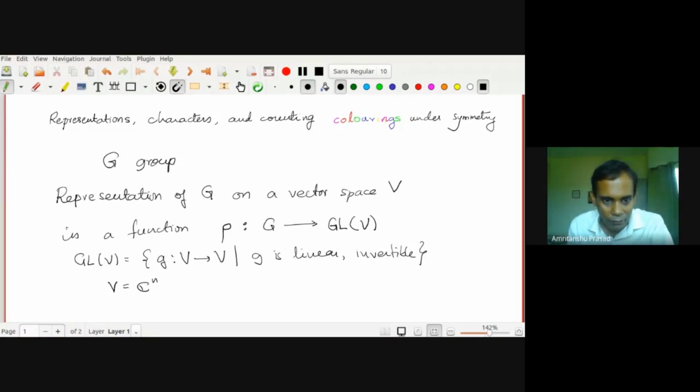So we have a function, and what kind of function is it? It's a function which is also a group homomorphism. There are two properties I want.